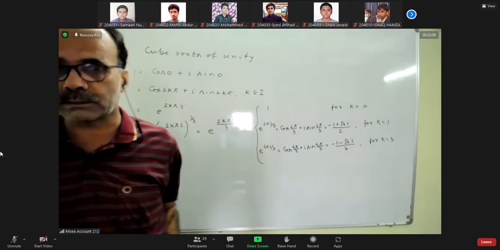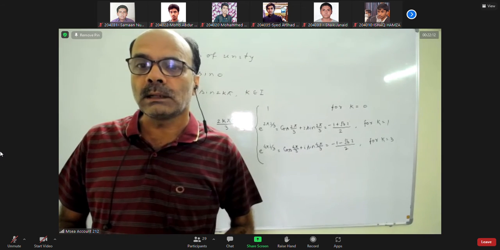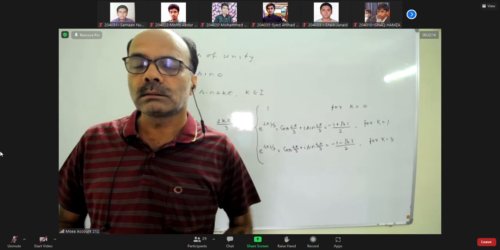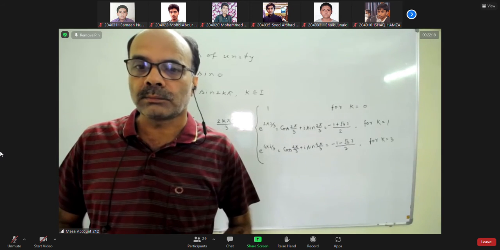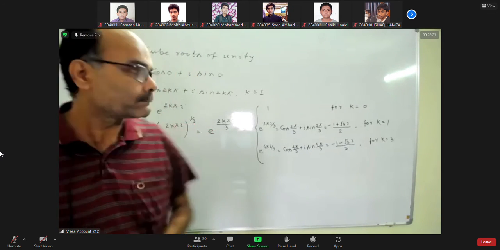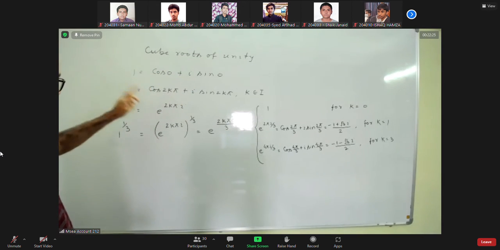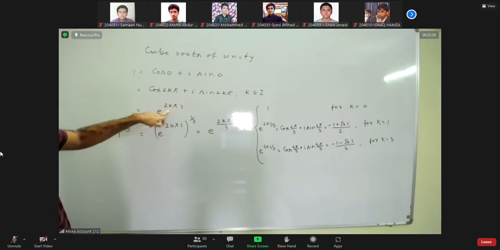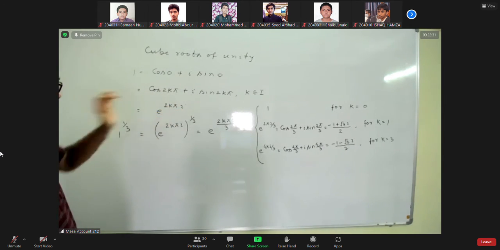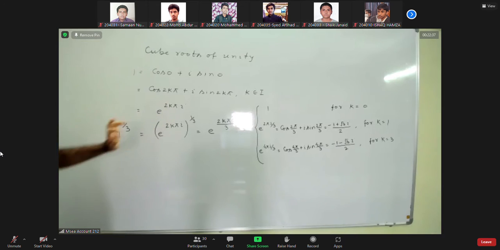So this value and this value is same, that is 1. By Euler's formula, we can write it e to the power 2k pi i. Till now, we have written the value of 1 equal to this.